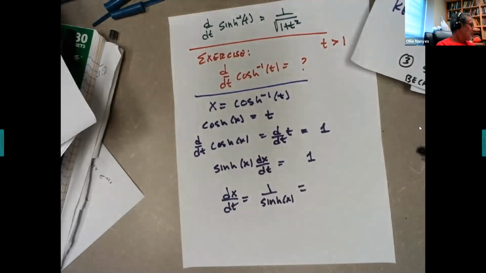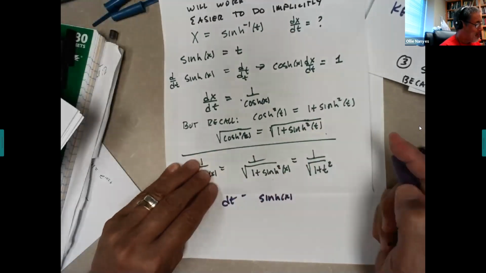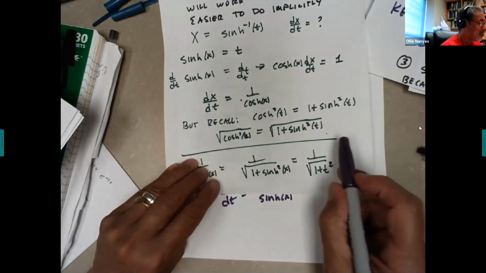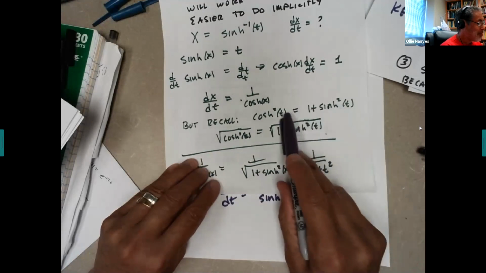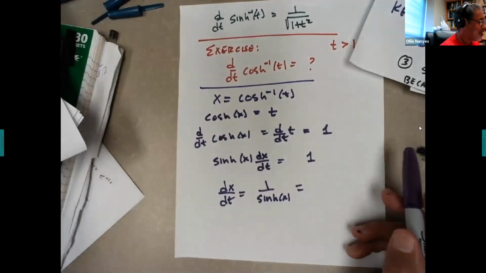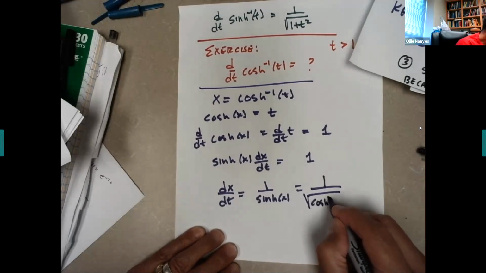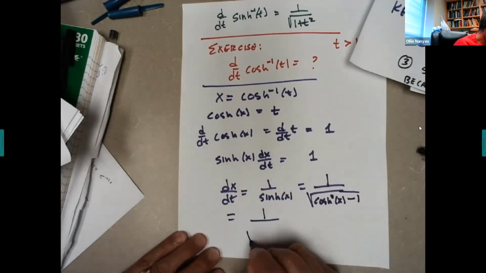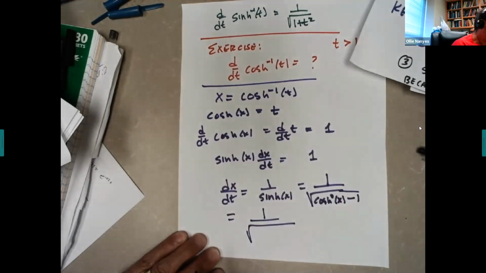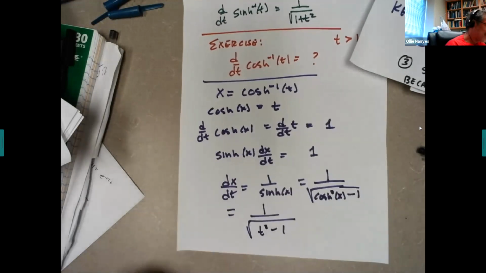But remember, we're going to use the same trick we used here, except now, since we want to solve for this in terms of hyperbolic sine, we know that hyperbolic sine is going to be the square root of hyperbolic cosine squared minus 1. And this works out to be, remember, x is hyperbolic cosine of that, so that's going to be the square root of t squared minus 1. Okay?